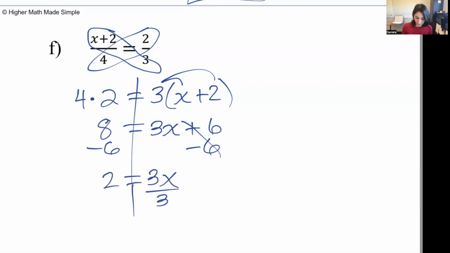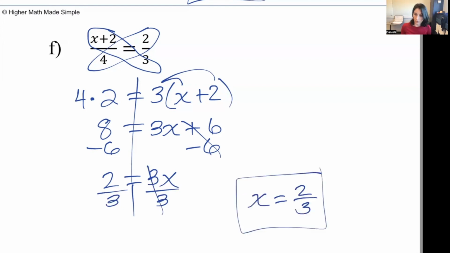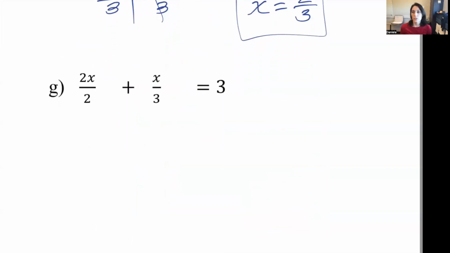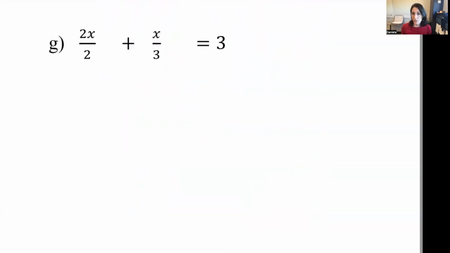The opposite of times 3 is dividing by 3. And so you can just leave your answer as 2/3. In Algebra 2, we don't care about improper fractions when the bigger number's up top. A lot of times we just leave it as a fraction. But if your teacher said round to the nearest 10th or whatever, just make sure to read those directions.